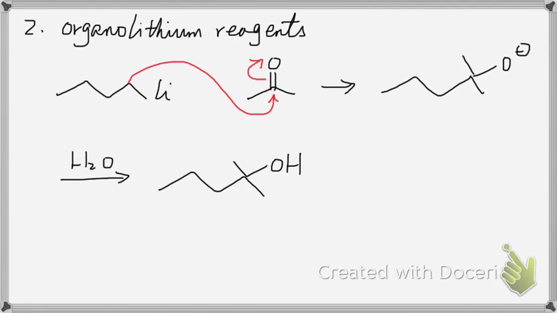Similarly, it forms a carbon-carbon bond. We use the Grignard reaction more often because lithium reagents are sometimes too reactive, so it's hard to control. Grignard is less reactive and it works better.